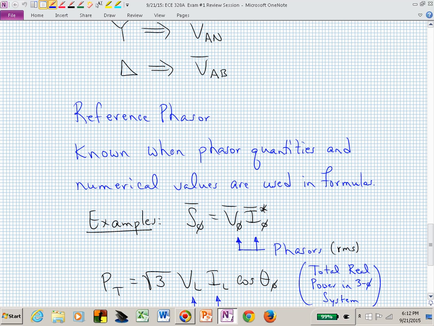If I say, assume the A phase transmission line is your reference phasor, now you know that capital I sub little a capital A has an angle of 0 degrees. Or I might say, assume that your phase voltage at the load is your reference phasor. Now it depends on what your interconnection structure is, which of those ANs or ABs you would assign to have 0 degrees.